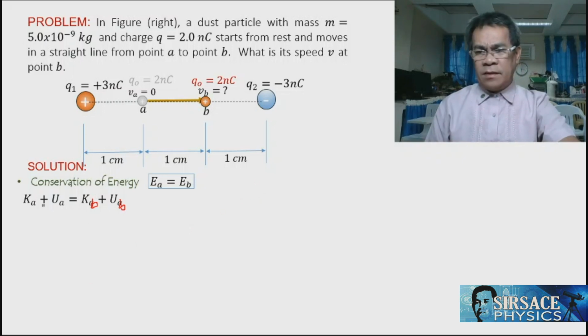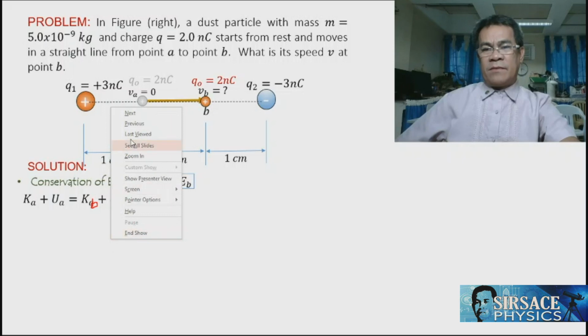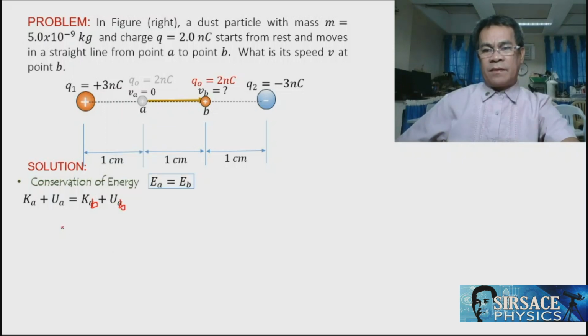So this is the kinetic energy initial and this is the potential energy initial. This is the kinetic energy final and this is the potential energy final. Okay? So, take note that the initial velocity is 0.